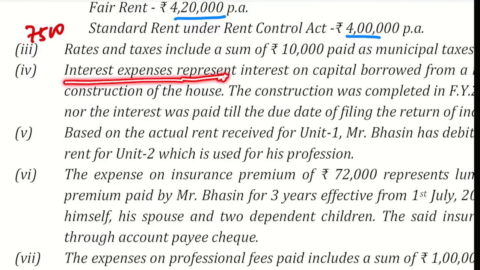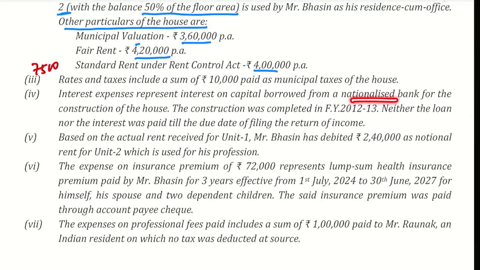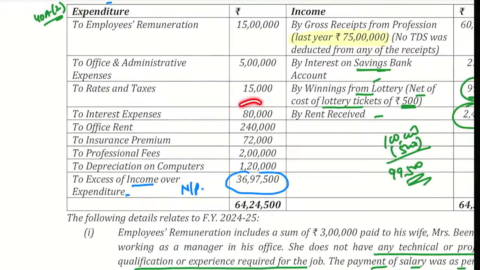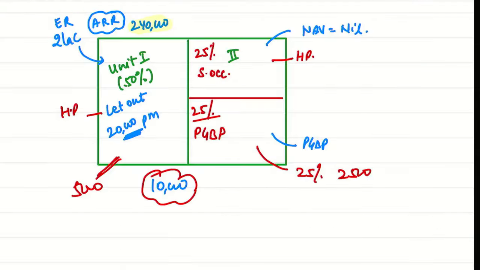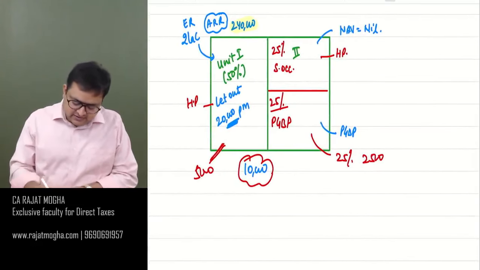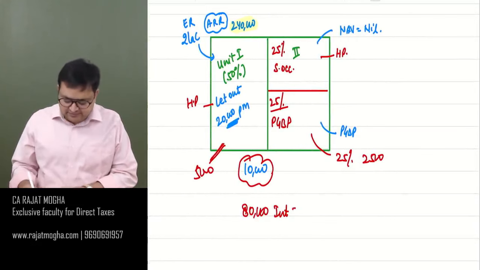So it represents interest on capital borrowed from a nationalized bank for the construction of the house. Okay. So this is for the construction of the house. Guys, how much? 80,000. Now can I say 80,000 is the interest on loan for construction purpose, right?